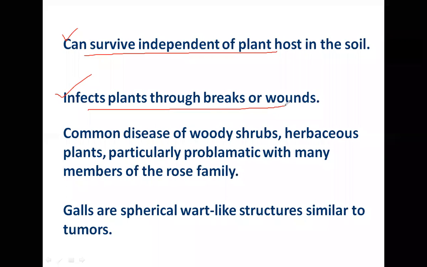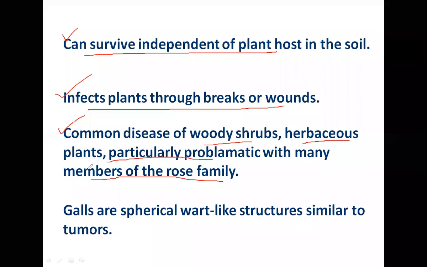Wherever there is an incision, a wound, a cut in the plant, that is the site of infection. This bacterium invades the plant tissues through those wounds, through those breaks. And it is responsible for that common disease of woody shrubs and herbaceous plants, particularly problematic to members of family Rosaceae. It causes crown gall in those plants.